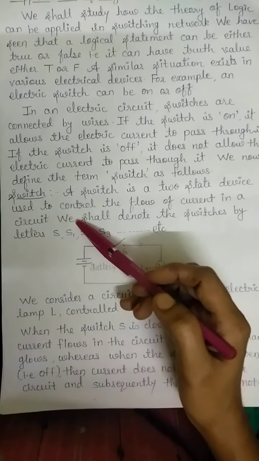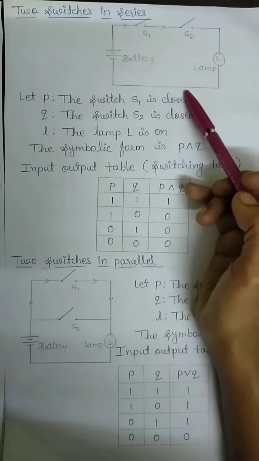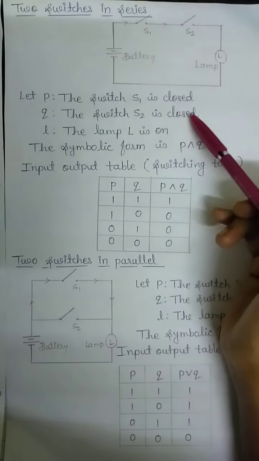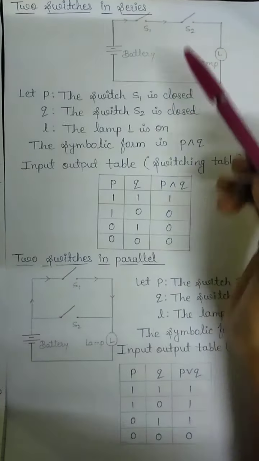So while writing the symbolic form, let P denote the switch S1 is closed, then Q denotes the switch S2 is closed. Since here we have only two switches, we will consider P and Q. If the switch S3 is present, then we will consider R for that switch S3.